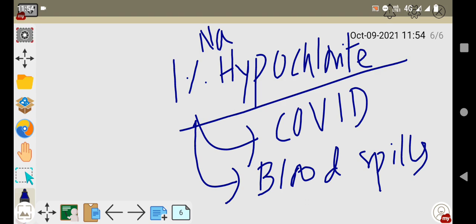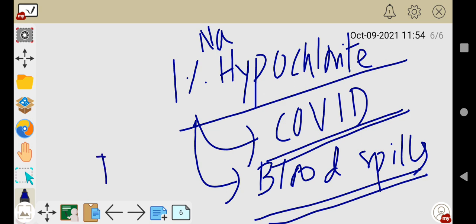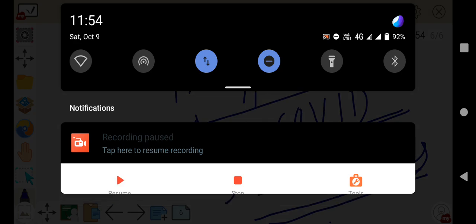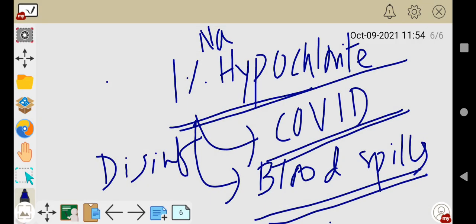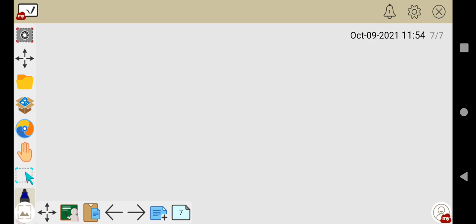So 1% sodium hypochlorite is used for disinfecting COVID specimens and disinfecting blood spills in OT. So remember it, right? Both these questions have been asked in your exam, correct?